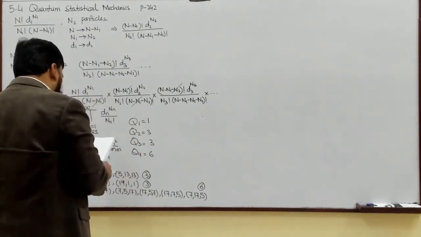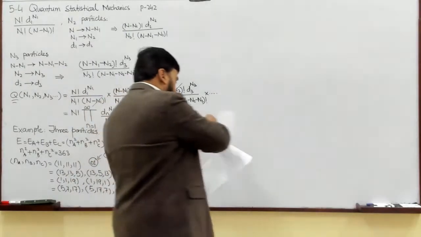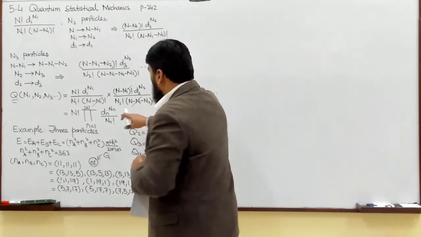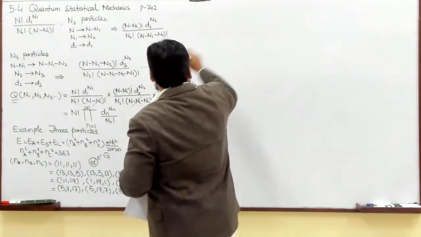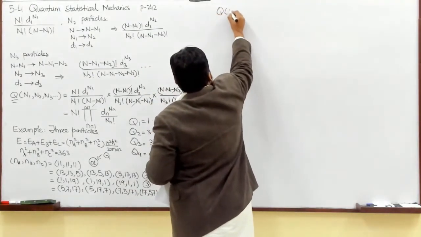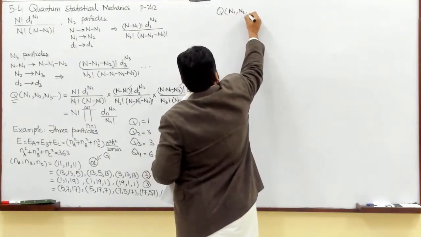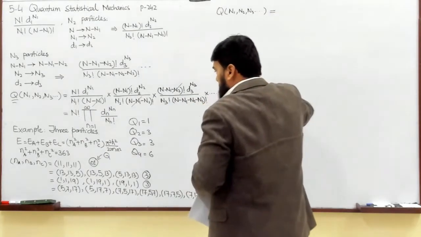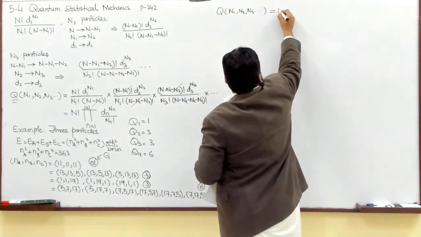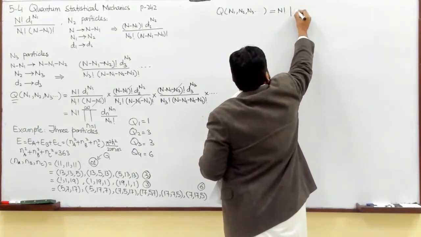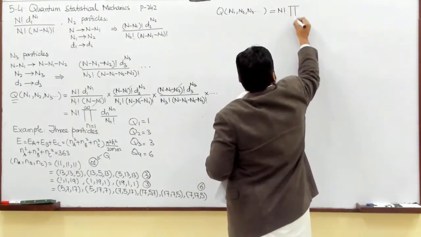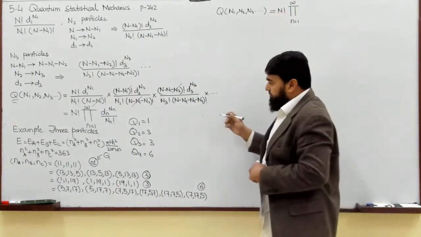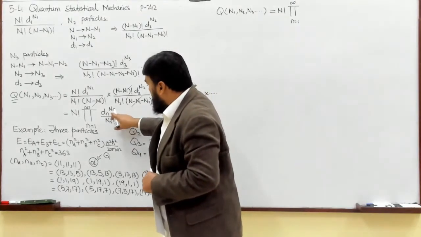So we can now verify this with our relation, the generalized result. Q of N1, N2, N3 and so on is equal to N factorial times the product over n running from 1 to infinity, of the degeneracy to the power n, over n factorial.